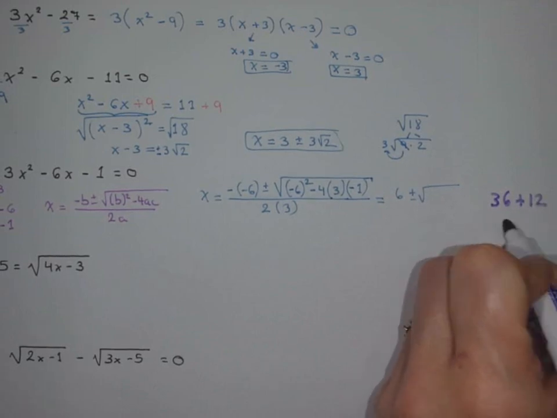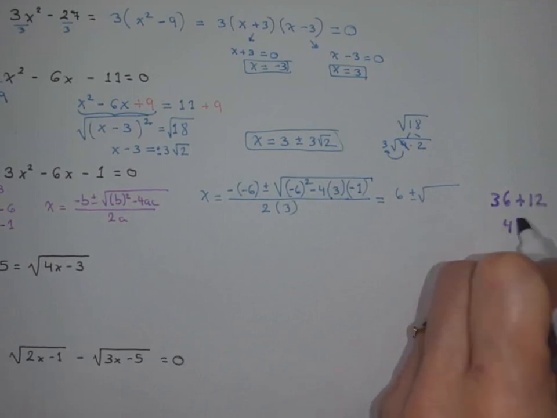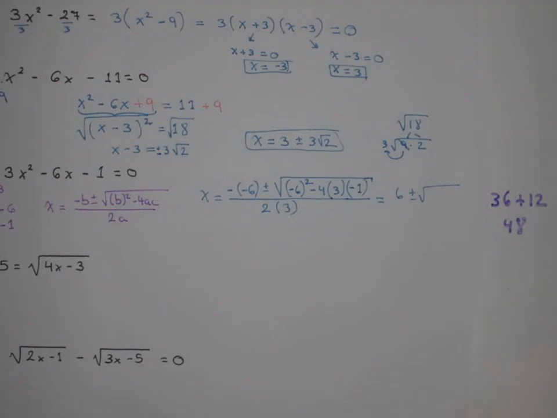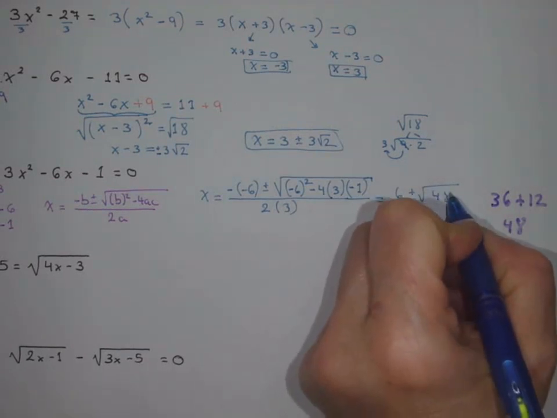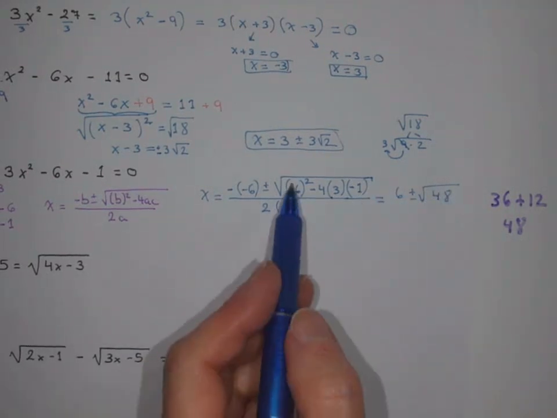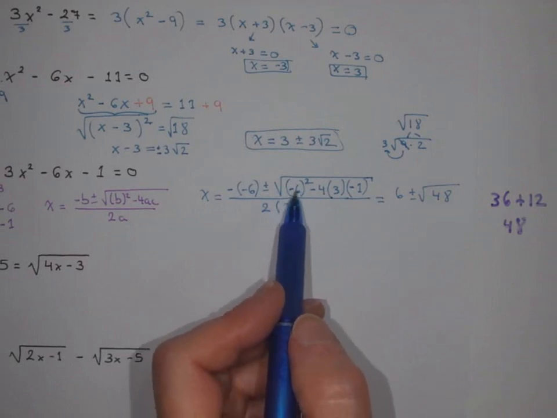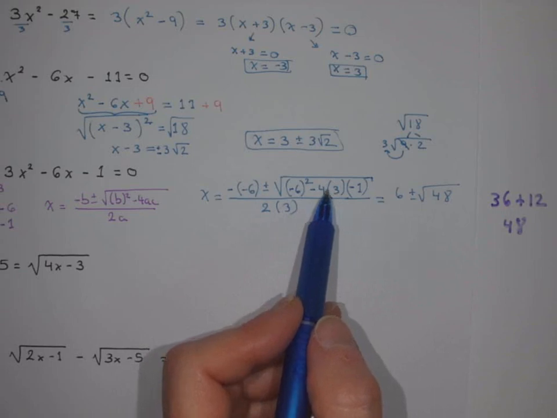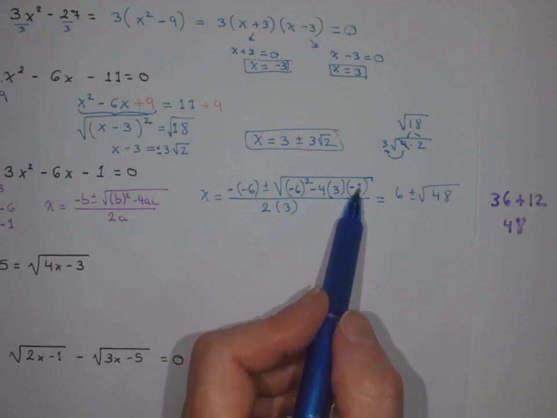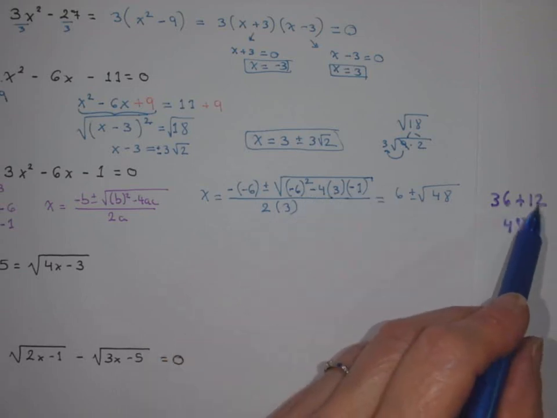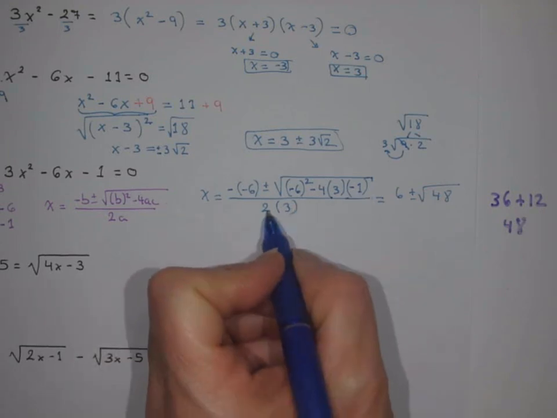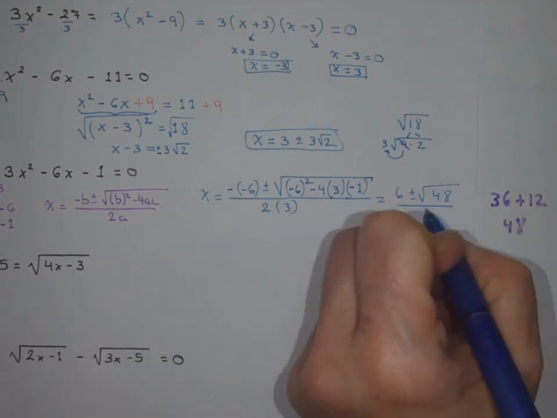So that all goes to 48. So the discriminant is 48. Right? 36, a negative squared becomes positive, so 36. 4 times 3 is 12, that's negative, and then negative times negative becomes positive 12, and 36 plus 12 is 48. All of that over 2 times 3, which is 6.